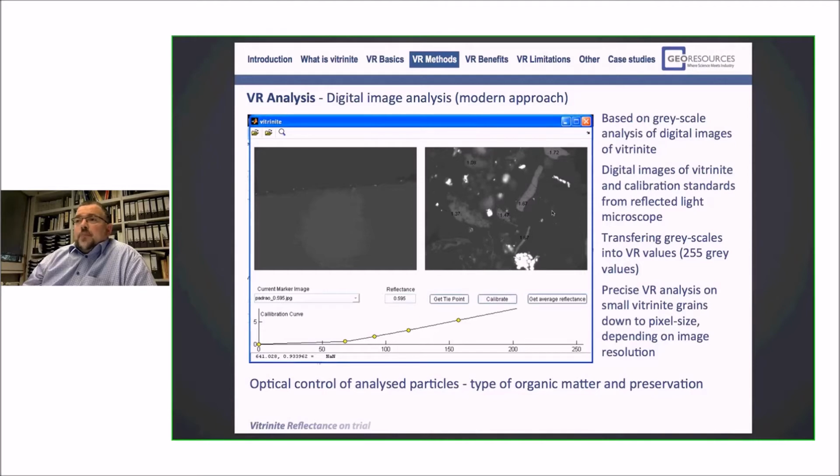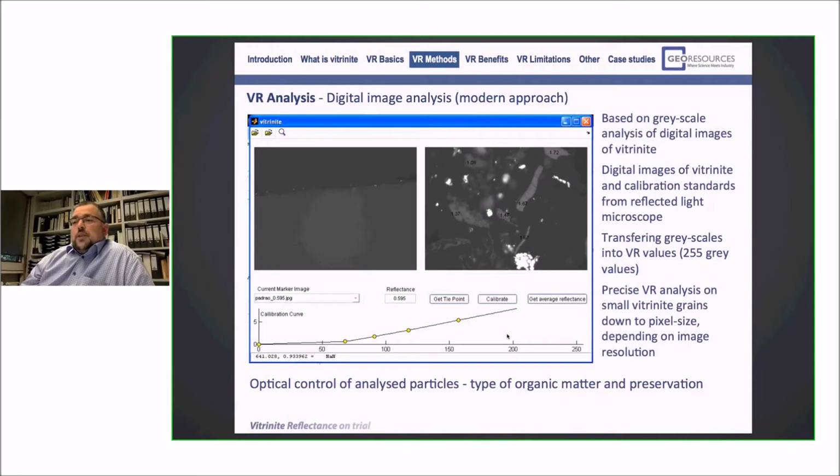And like you see here, you see different values from 1.08 to 1.72. This is all in one sample, in one maturation. So depending on the preservation, you see here a very fluffy altered vitrinite, which has significantly lower reflectance than these well preserved vitrinite grains up here.